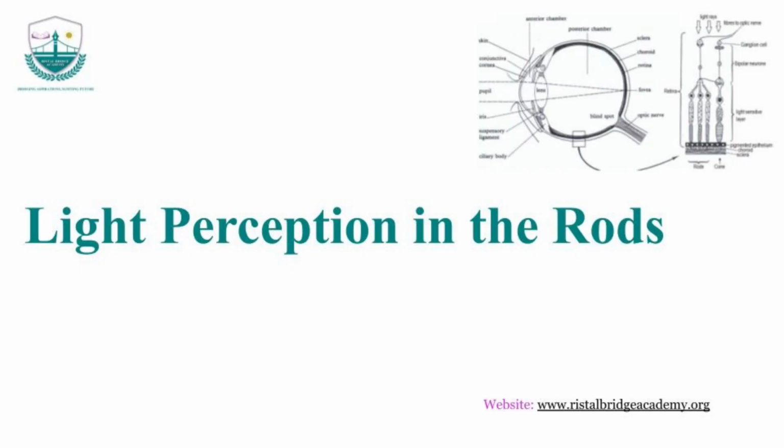Let us look at what we call light perception. This is basically about how the stimuli, which is basically light, result in action potentials or electrical signals being sent to the brain.